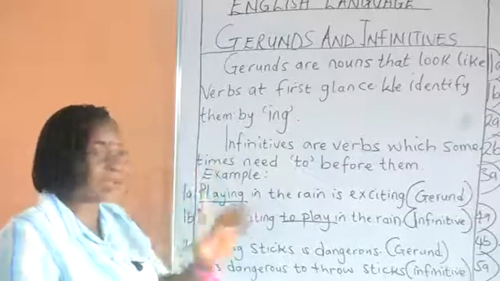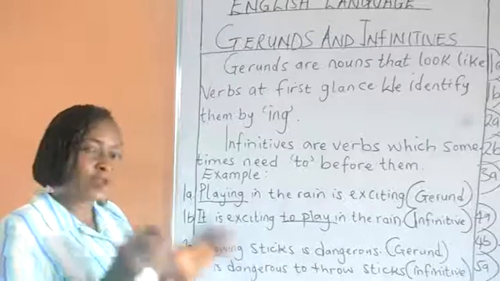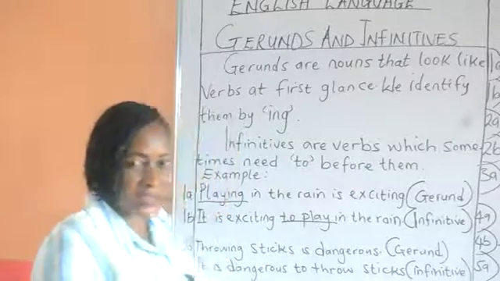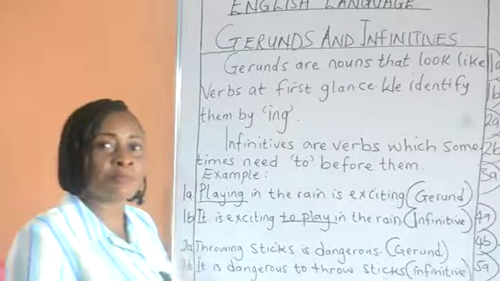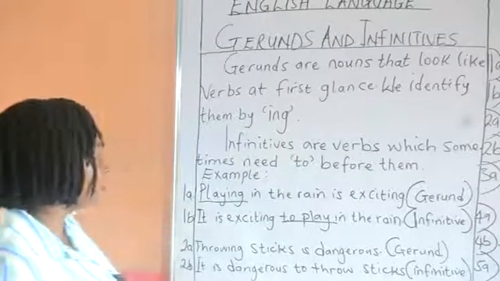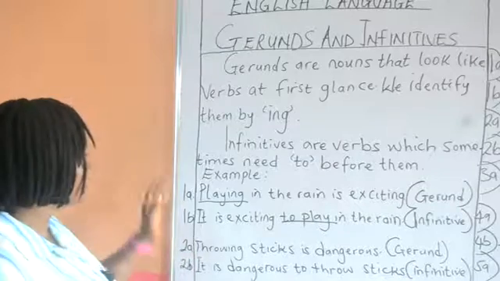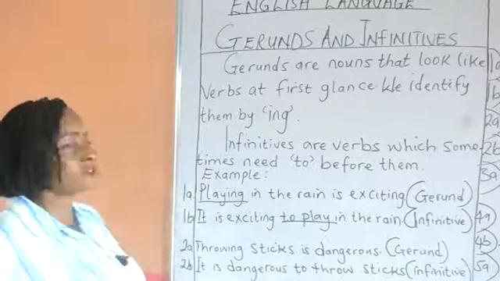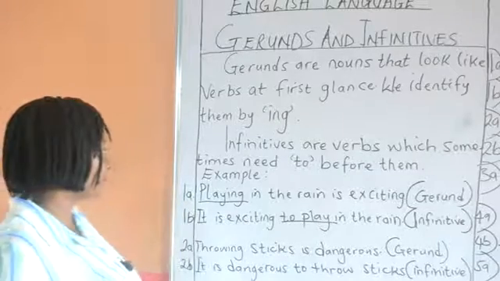Sometimes they need the word to before them, not after. That means the word to goes before the infinitive word. So infinitives are verbs which sometimes need to before them.